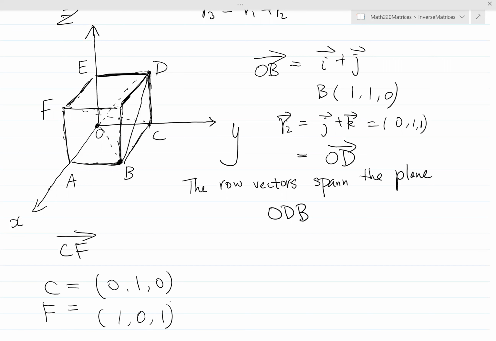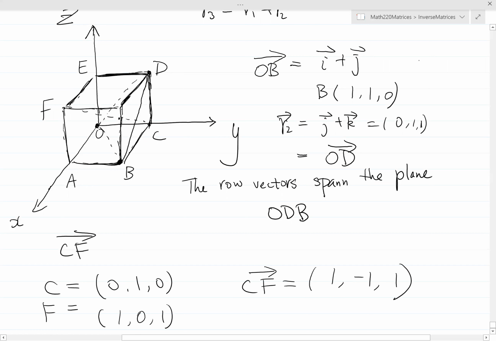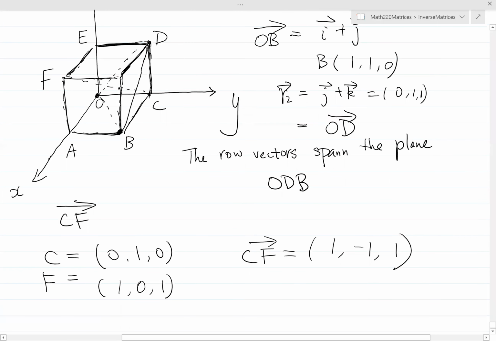Then CF is F minus C, which is 1, negative 1, 1. Let's check whether CF is perpendicular to row 1 and row 2.